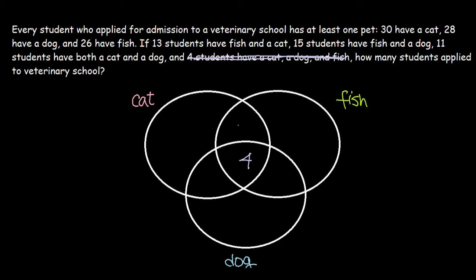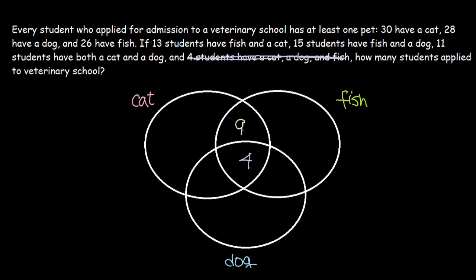However, you're not going to put 13, because remember, 13 students have a fish and a cat, and some of those 13 students can have a fish, cat, and a dog. So you have to subtract 4 from 13 to put it there. So instead of 13 going there, we're going to put number 9.